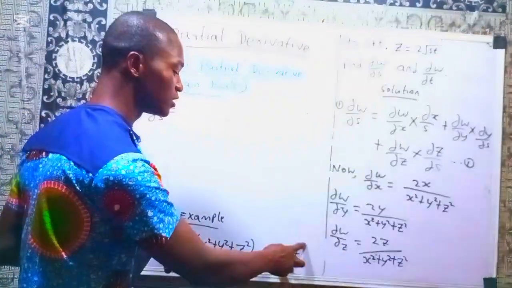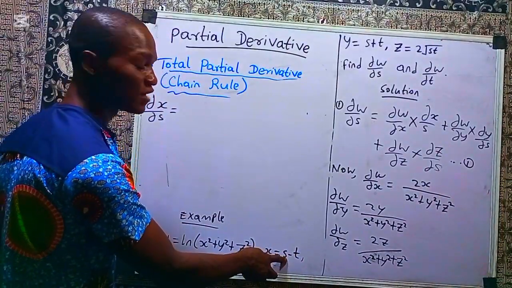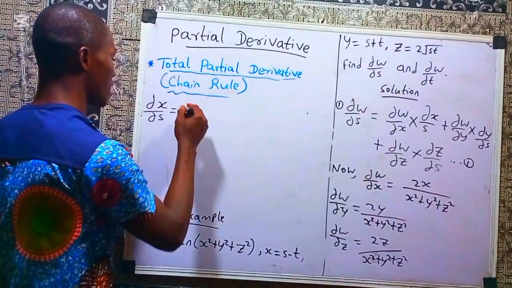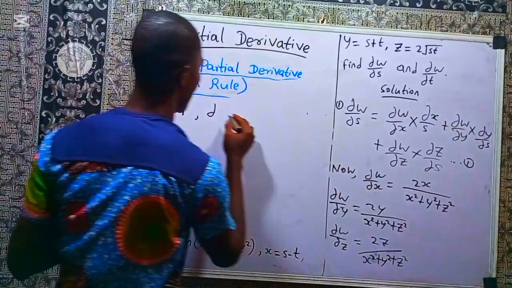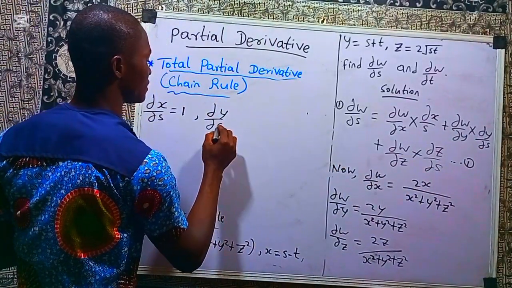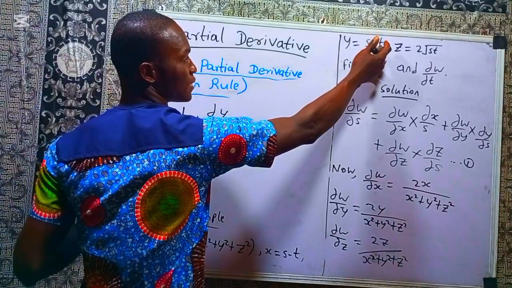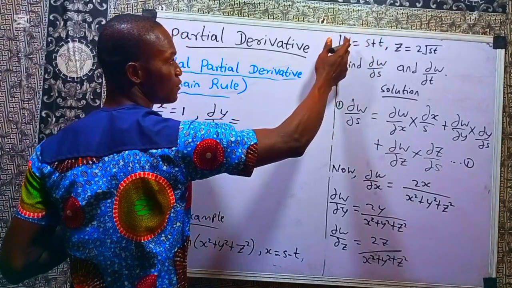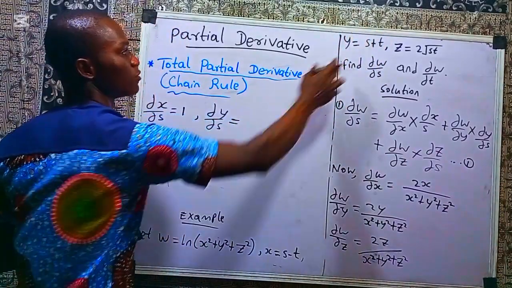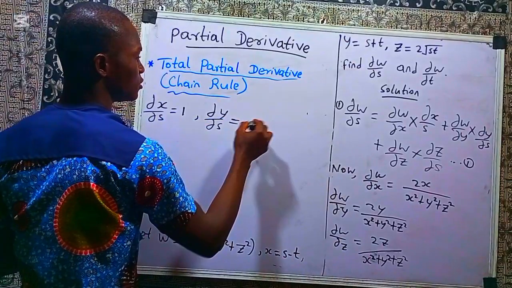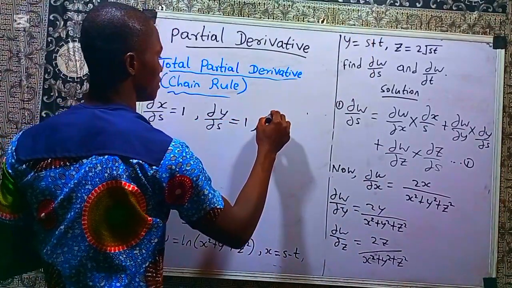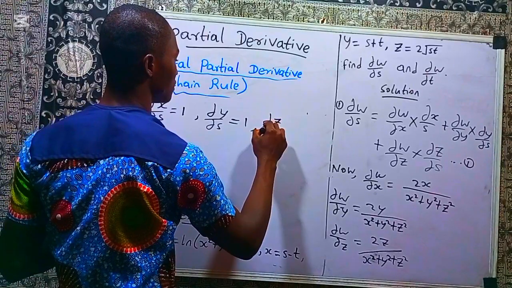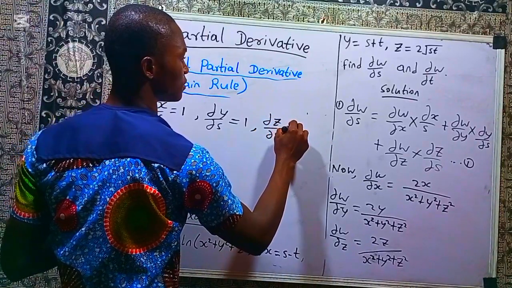So the derivative of this constant is 0. So what is derivative of s? It is 1. Partial y partial s: I will treat t as a constant. I'm differentiating y with respect to s. So what is derivative of s? You get 1.